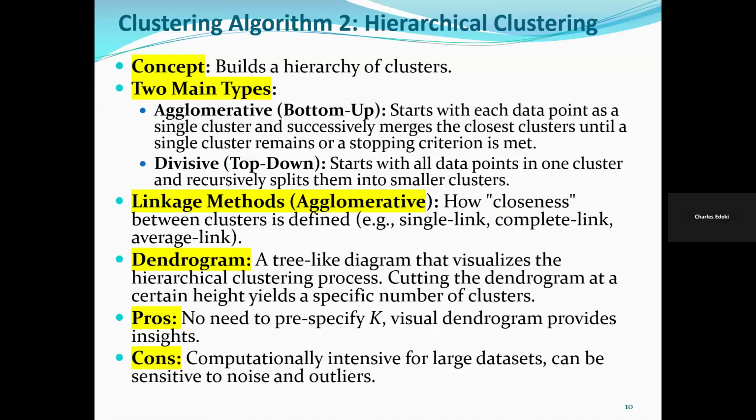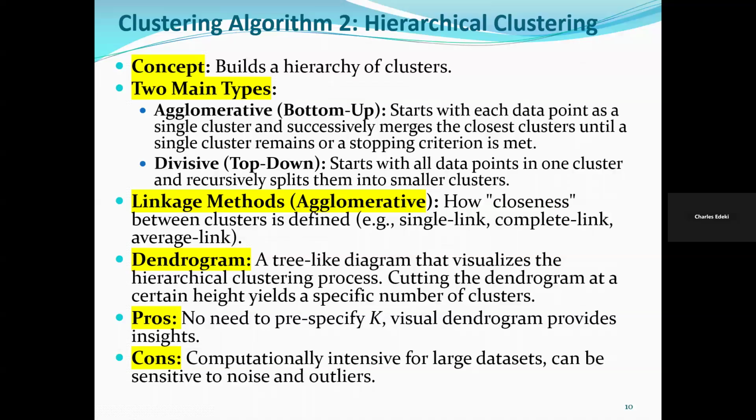Even if we have 100 data points, each is a cluster by itself. From there, we build it up, iteratively merging the two closest clusters until only one large cluster remains, or until a stopping criterion is met. That's the whole concept of agglomerative, which is why it's called bottom up.